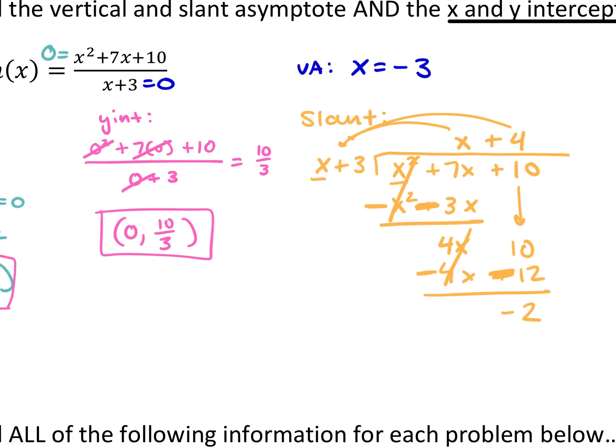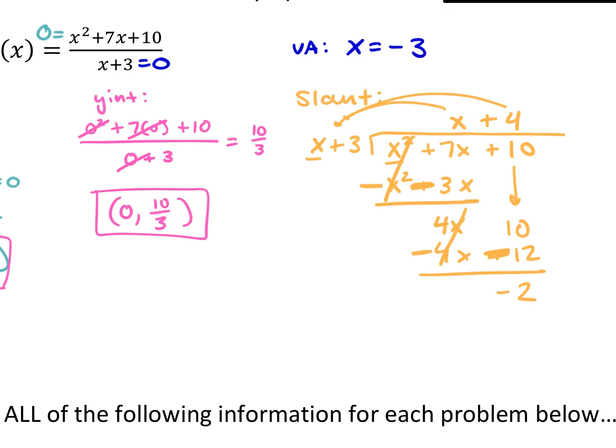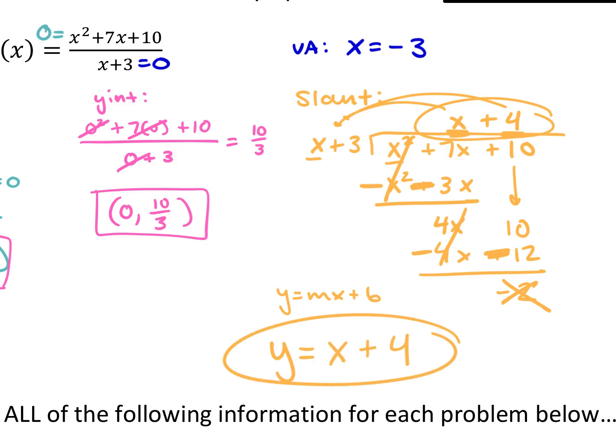Now for our slant asymptote, it has to be in the form of y equals mx plus b. So you're really just looking for an x and a number. Whatever your remainder is, goes away. You don't need it. So you can drop your remainder. So our answer here would be y equals, and we just take what's up top, x plus 4. So that would be our slant asymptote.